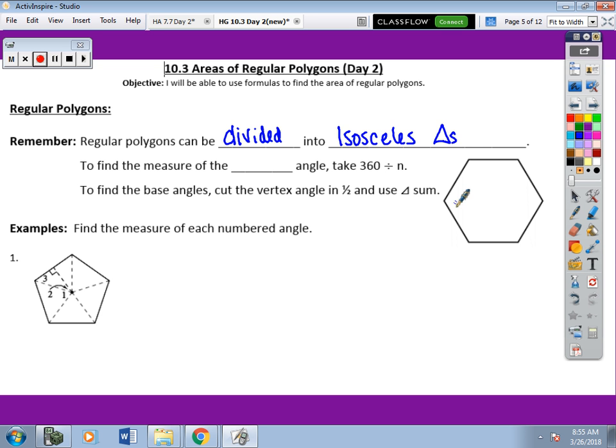So in this instance, you can take the center and draw segments out to the vertices. What shape is this? Hexagon. Which means we have 6 sides. You'll also notice we have 1, 2, 3, 4, 5, 6 triangles.